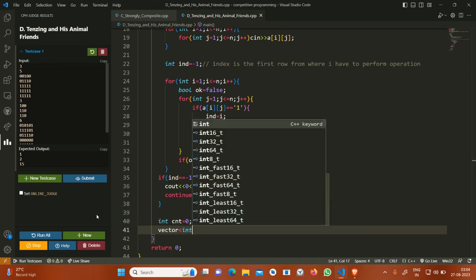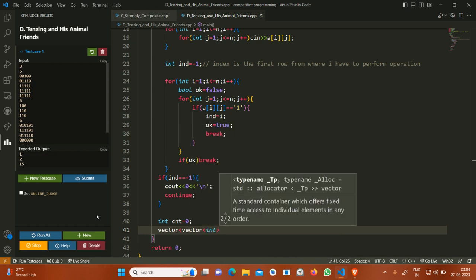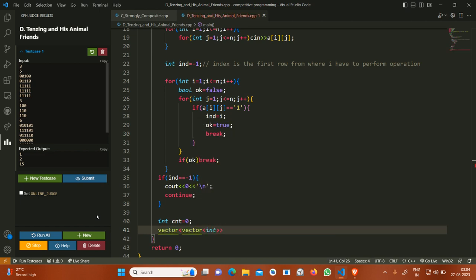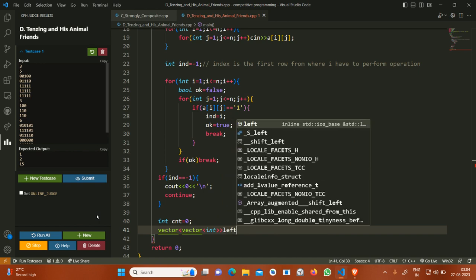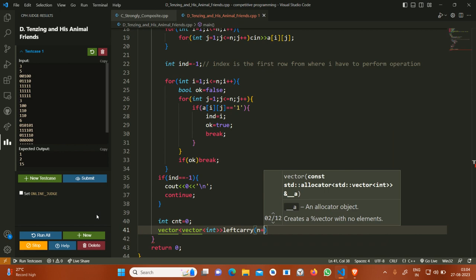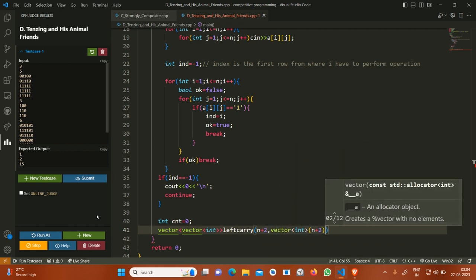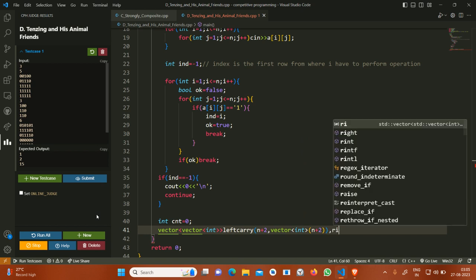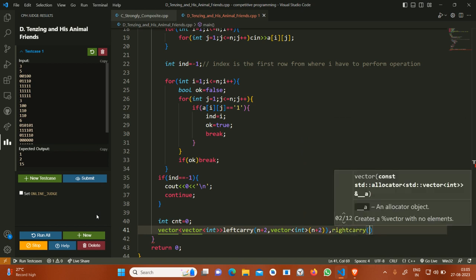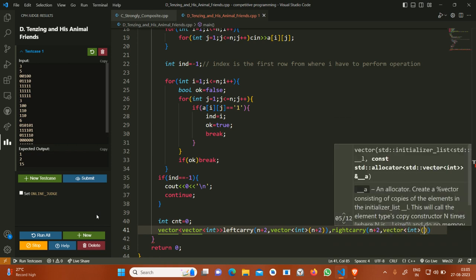Now I am going to the part where I have discussed the left carry and the right carry. For that I will maintain left carry as vector of n plus 2, and right carry as vector of n plus 2.